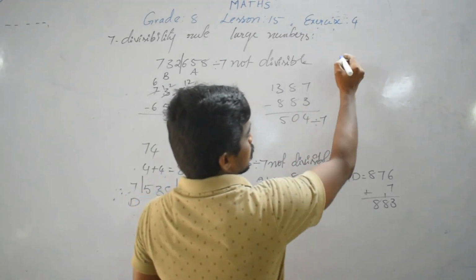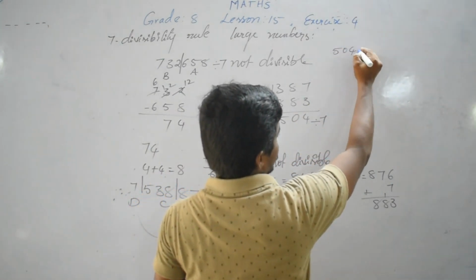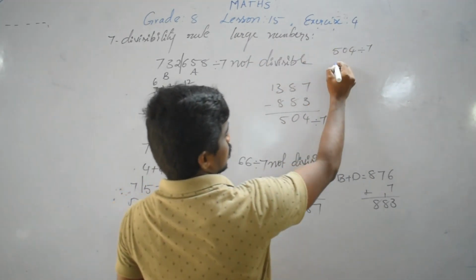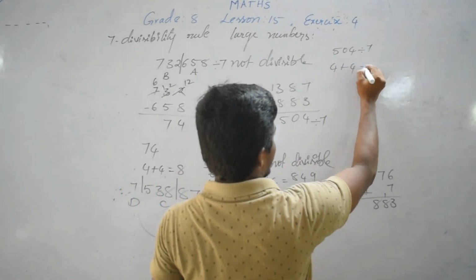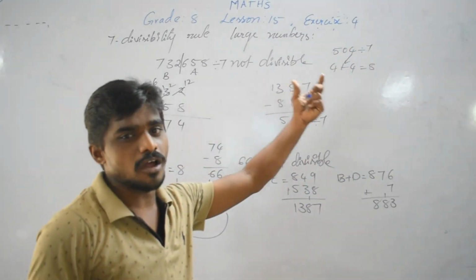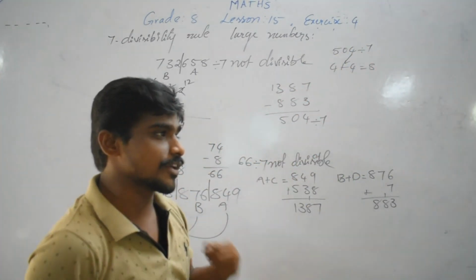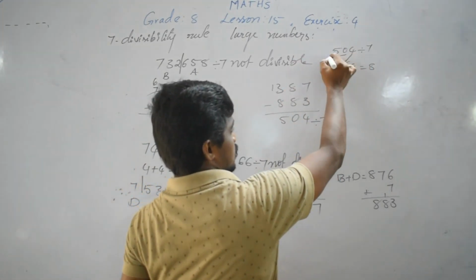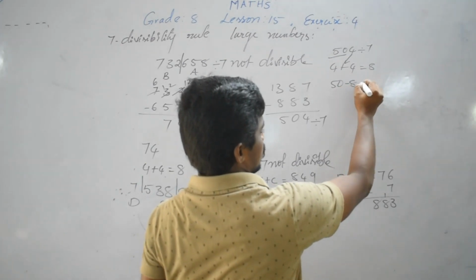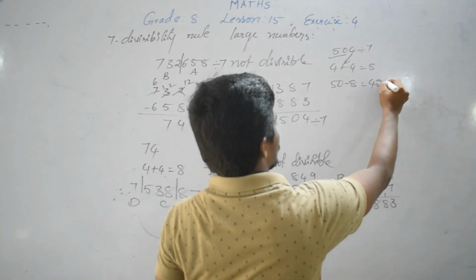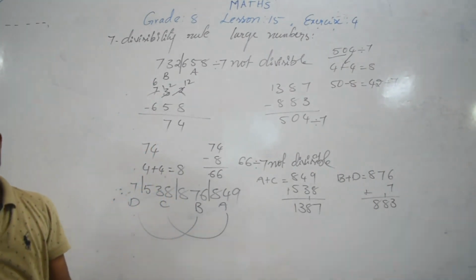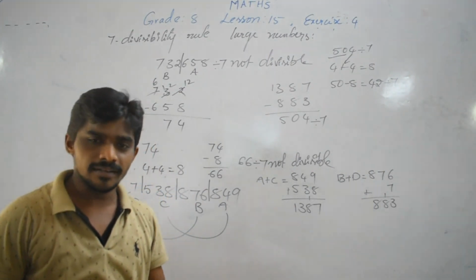504 divided by 7. Twice the ones digit 4 is 8. The rest of the number is 50. 50 minus 8 is 42. Is 42 divisible by 7? Divisible.